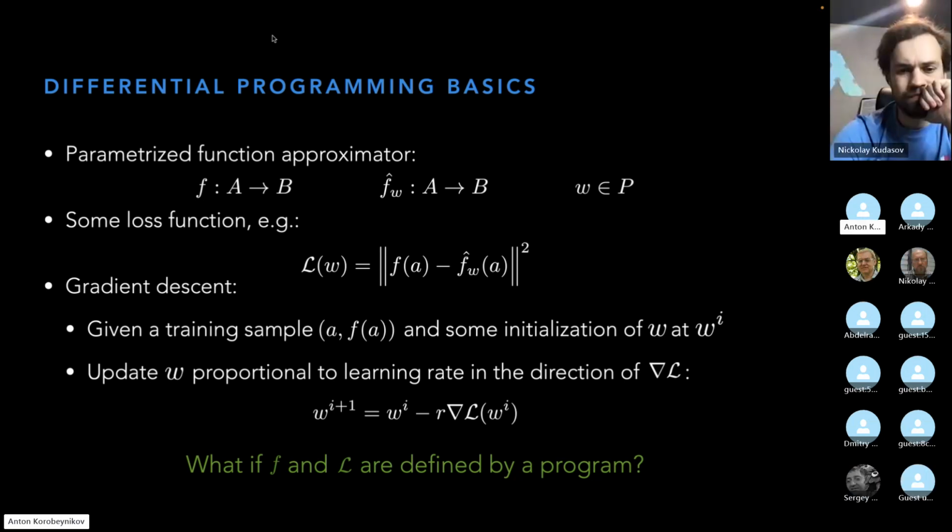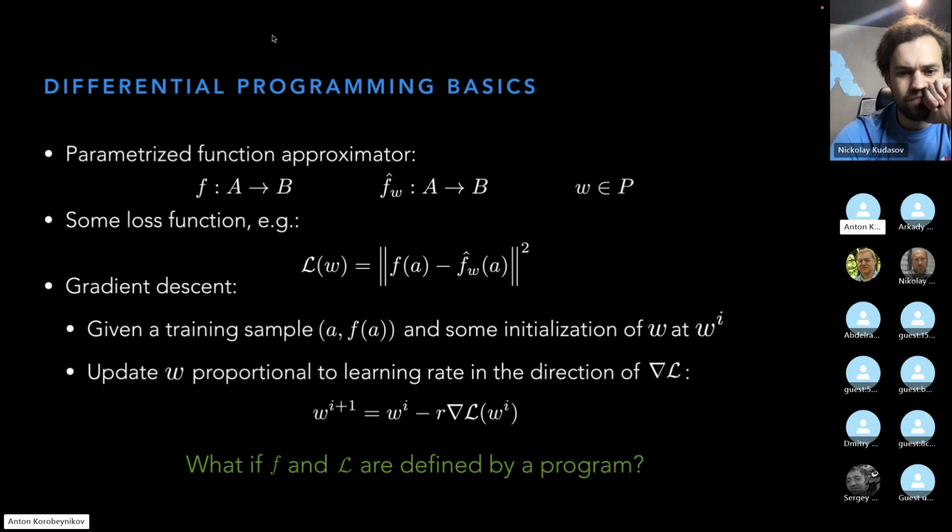The gradient gives the direction which increases the loss function the most rapidly, and gradient descent essentially dictates that the parameters of interest should be updated in the direction of the negative gradient by a small step proportional to some learning rate. This update step is performed many times, and there are many different flavors of gradient descent algorithms out there.